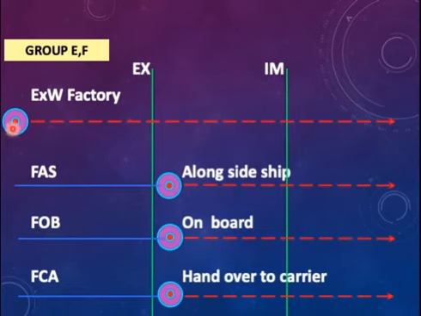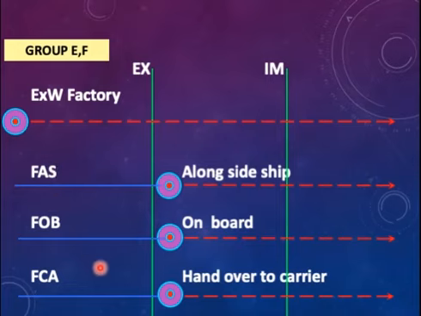And the point of risk transfer moves to here, the port of loading. So compared to group E, in group F the obligation, risk, and cost to the seller increase and to the buyer decrease. Okay, this is the difference between the two groups.